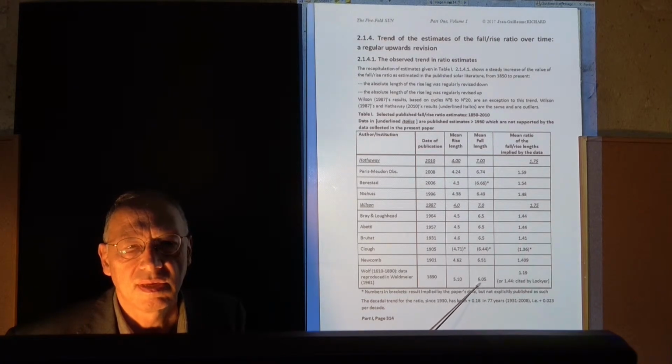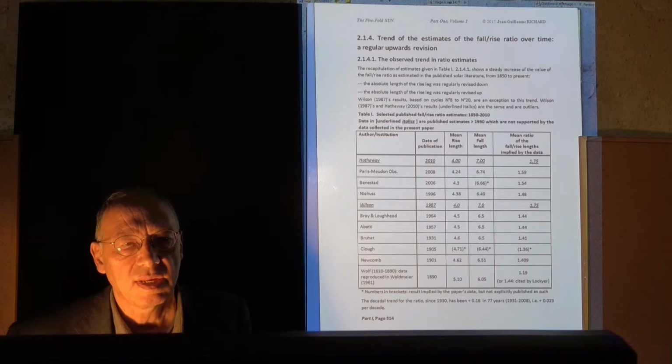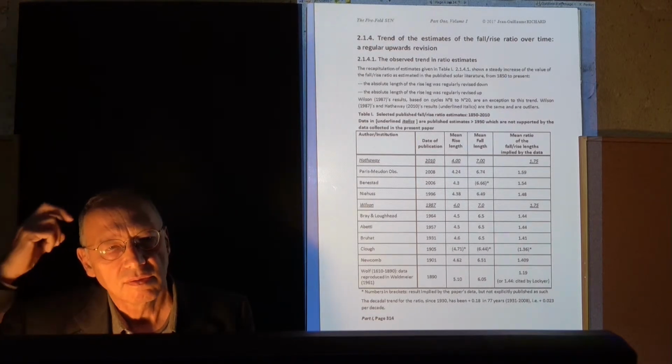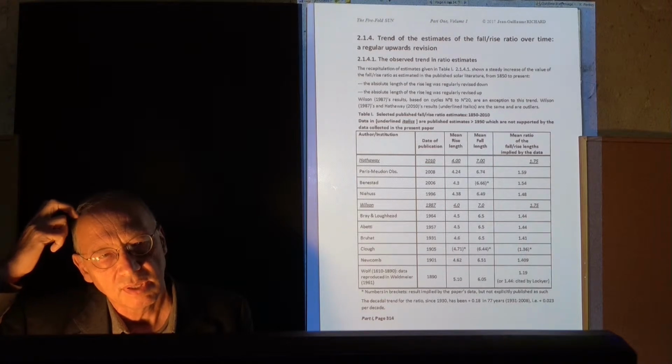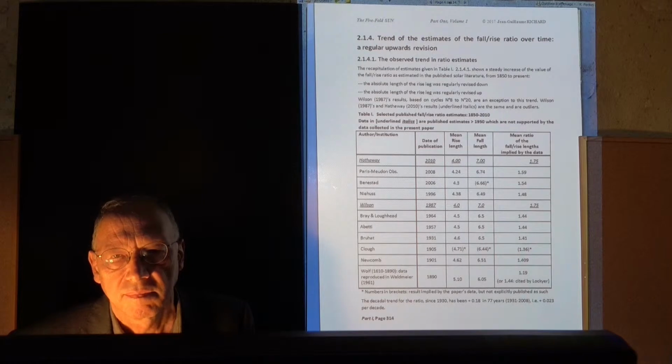As you can see, the fall length is longer. There is not any investigator who suggested that the fall length would not be longer than the rise length as a mean.